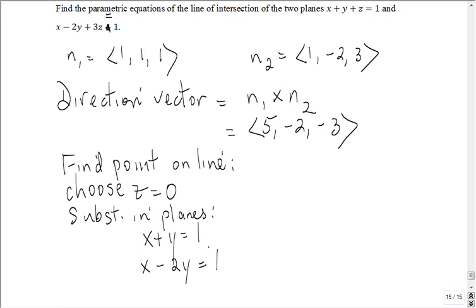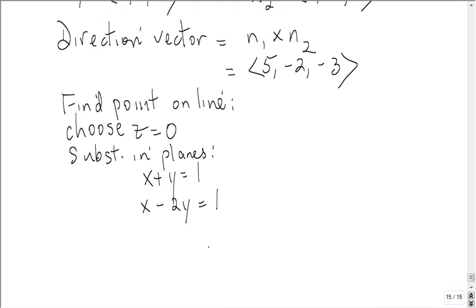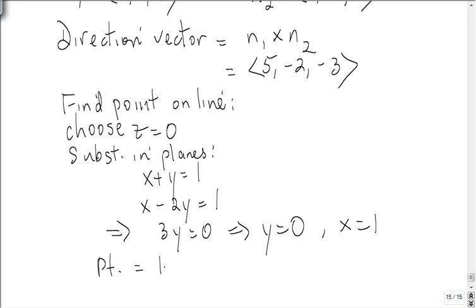Now you solve these two equations. What do we get? I think we can subtract. When we subtract, we get 3y equals 0. So y is 0. And you're going to get that x is 1. So your point is 1, 0, 0. Okay.